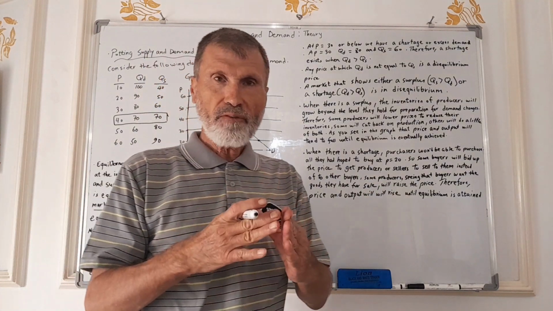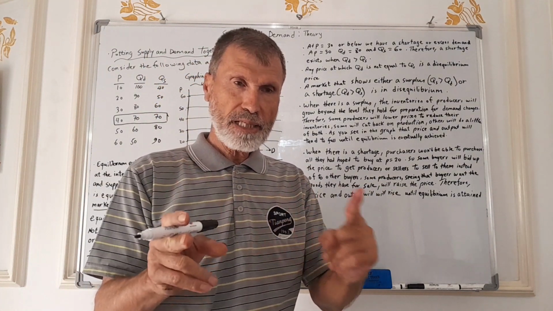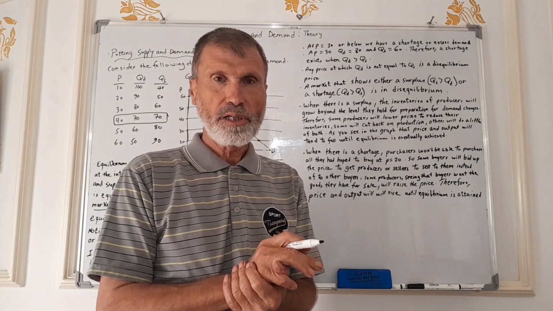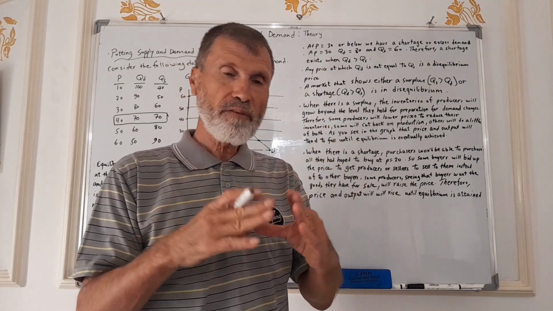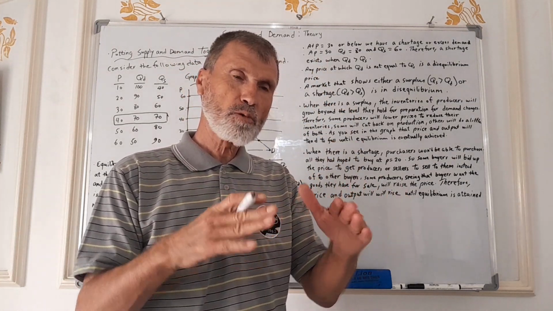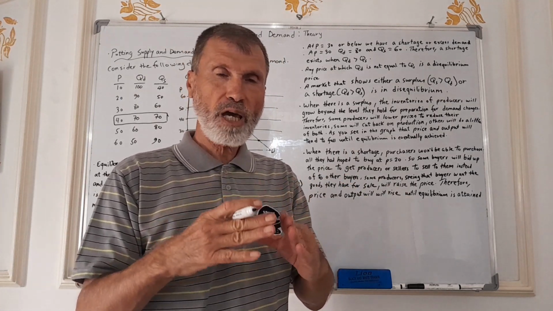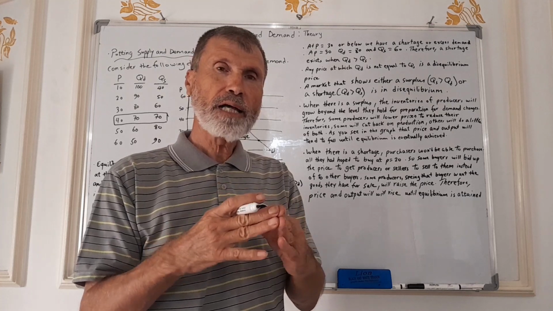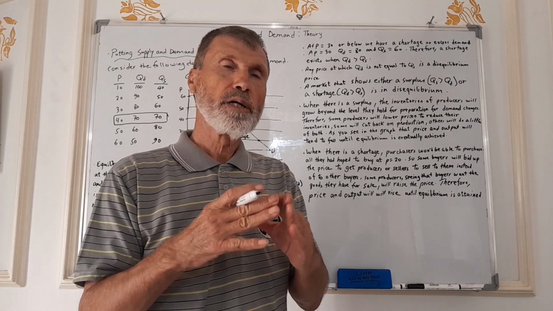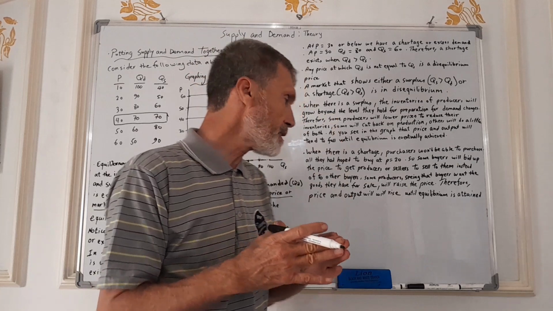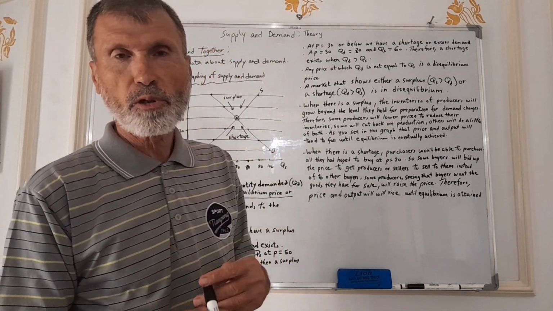Whenever we have a shortage, price and output will rise. Whenever we have a surplus, price and output will go down until equilibrium is reached. And whenever we have a shortage, price and output will tend to increase until equilibrium is attained.